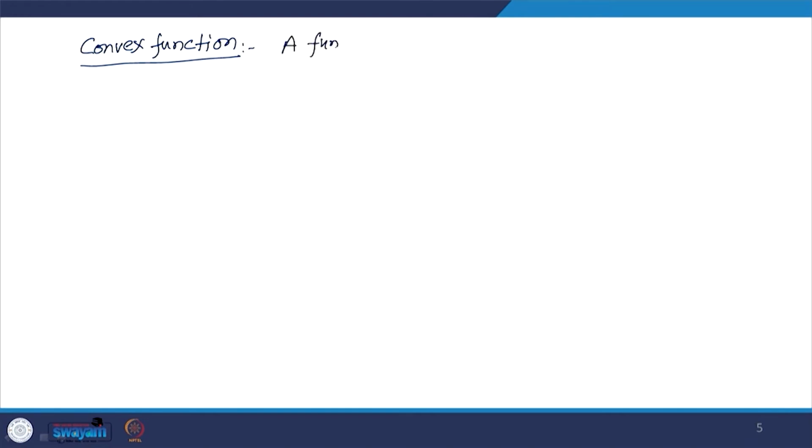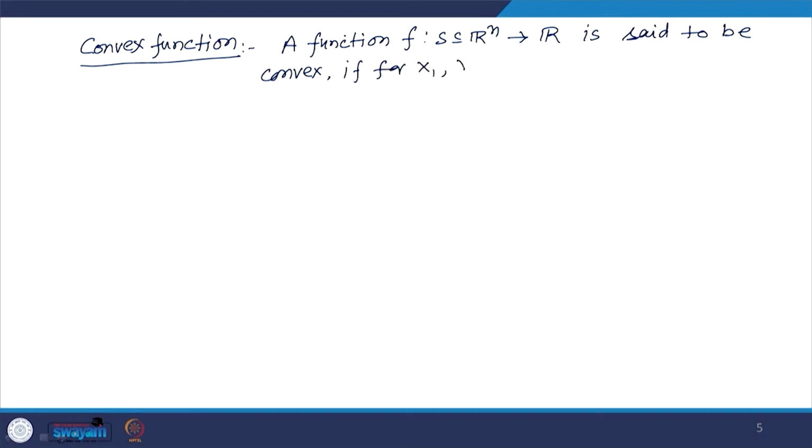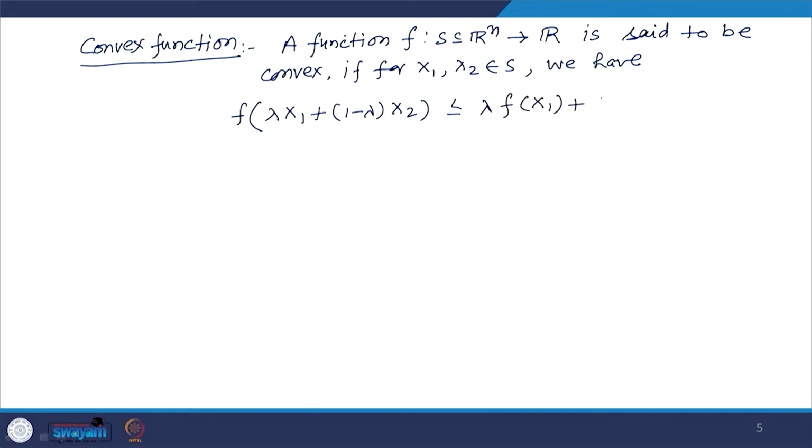A function f from S, which is a convex subset of Rn, to R is said to be convex if for x1, x2 belonging to S, we have f of lambda times x1 plus 1 minus lambda times x2 is less than or equal to lambda times f of x1 plus 1 minus lambda times f of x2.